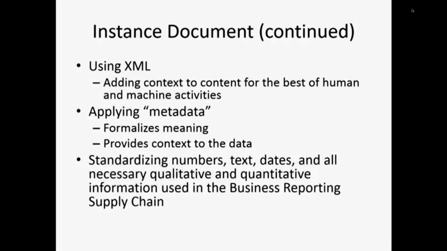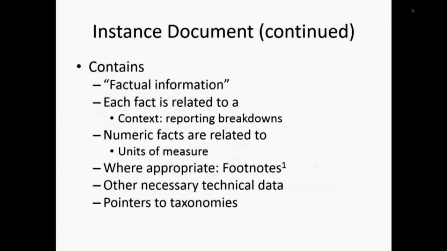By standardizing the way that business reporting numbers, pieces, and blocks of text, dates, web addresses, and all other additional necessary qualitative and quantitative reporting content are expressed, the processes of assembling, combining, preparing, publishing, finding, accessing, and consuming the data can potentially be improved.